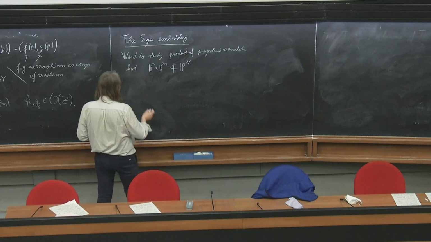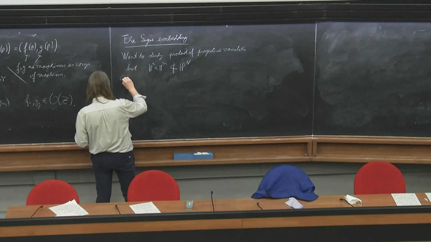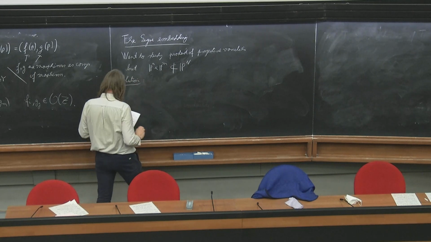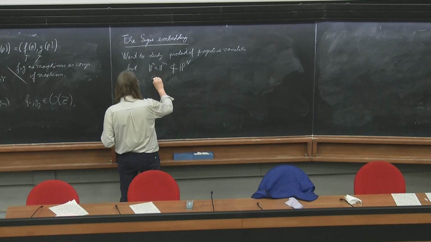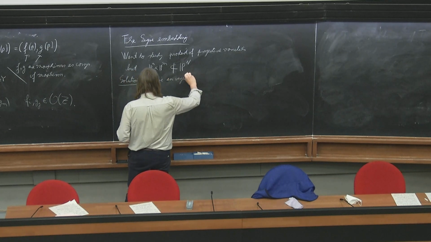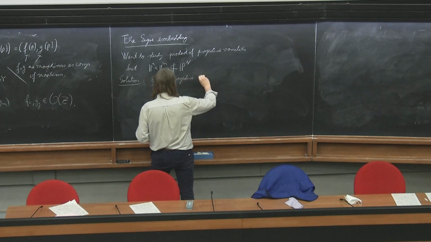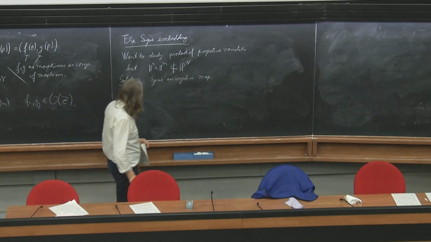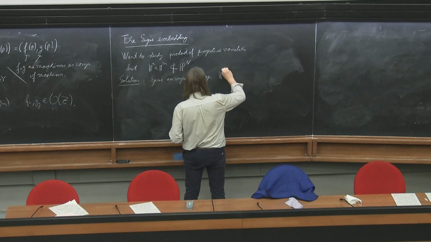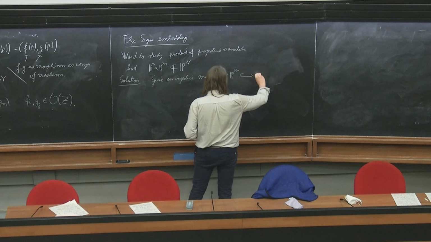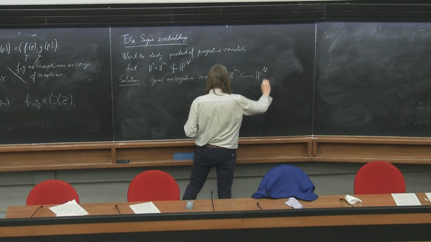And so what we'll do is we give an injective map from Pn times Pm into some projective space PN.